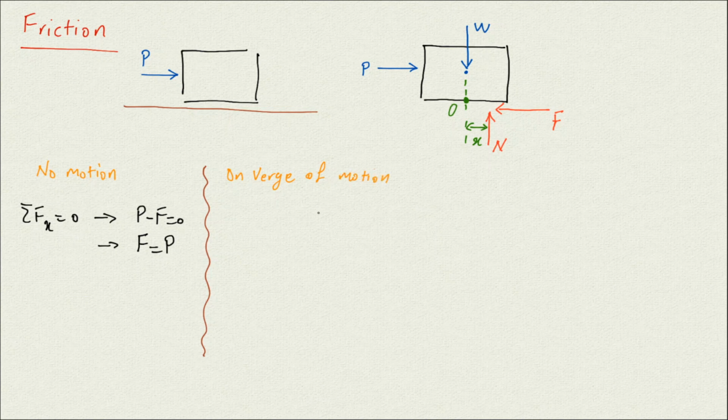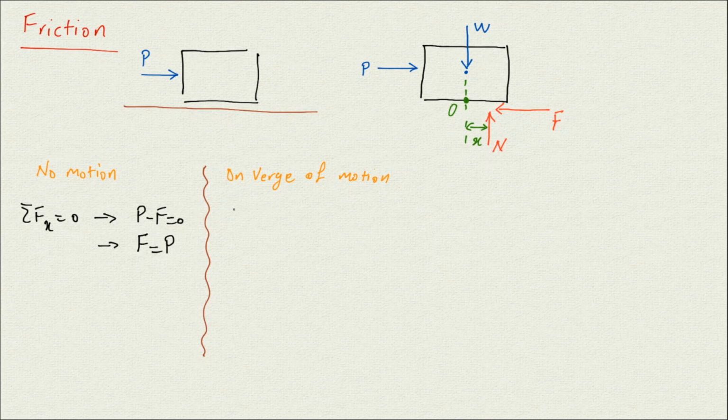So we are not moving, but we are about to move. In that case, if there is no motion, as long as P increases, F increases, because they are equal. Now, if we increase P so much that the box is about to move, F gets to its maximum value.